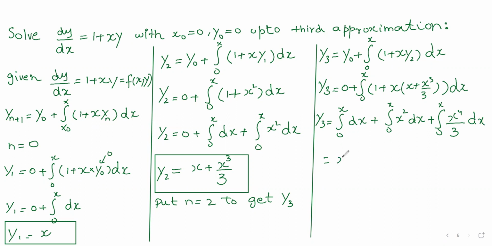So it will be your x plus x squared by 2, plus, oh sorry, x cubed by 3, plus x to the 5 over 5 multiplied by 3, 15, plus c. Okay, so this one will be your y3.